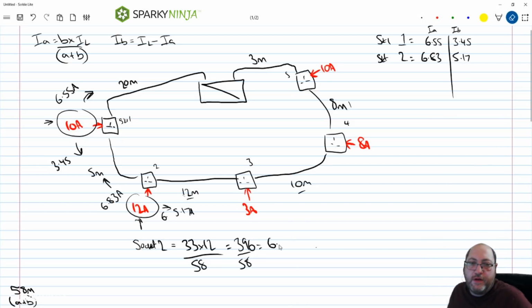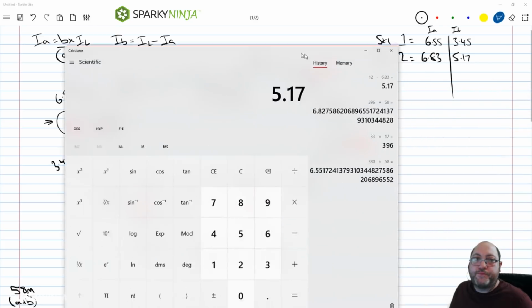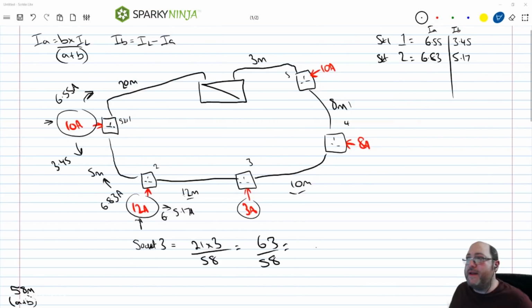Now let's just get through these last ones. Start with socket 3. Just a 3 amp. Okay, so that's 10, 18, 19, 20, 21 meters. So B is 21 times 3 over 58, which is 63 over 58. This is obviously going to be a very low share. 63 over 58, 1.09.